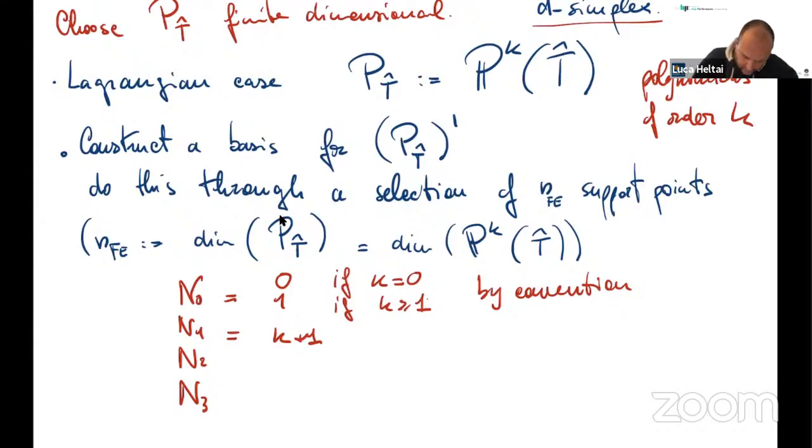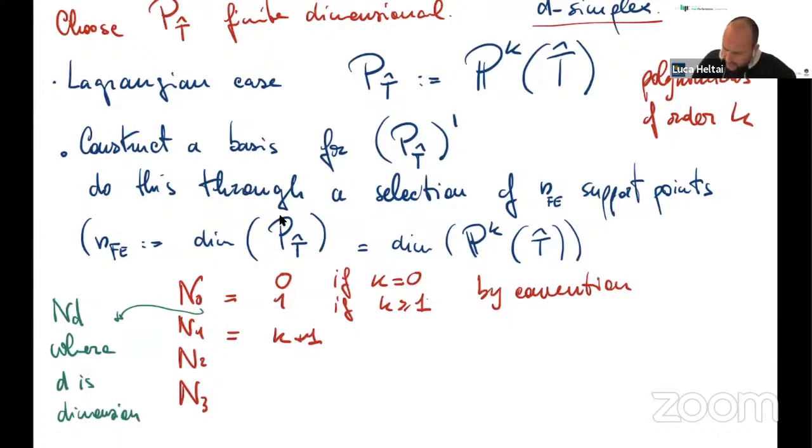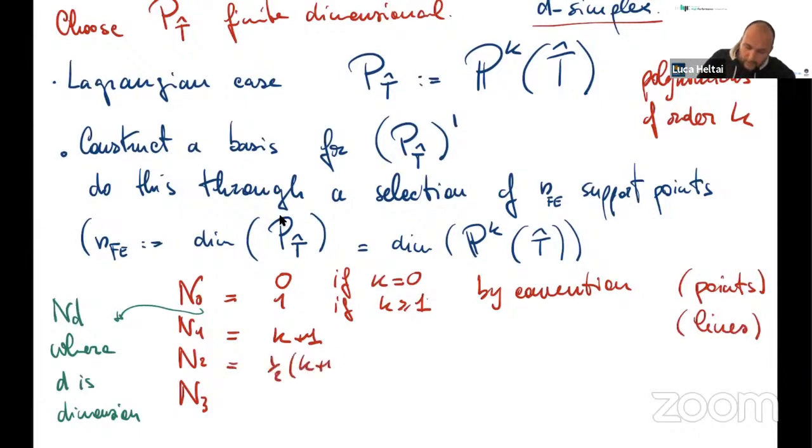These numbers over here, where d is the dimension. So N0 refers to points, N1 is equal to k plus 1, and these are lines, and N2 is equal to 1/2 (k plus 1)(k plus 2), and these are triangles.